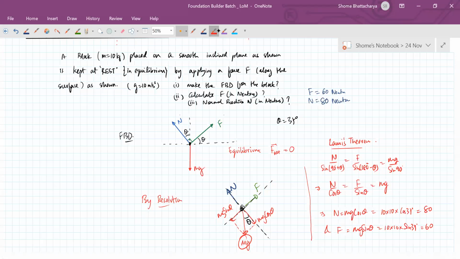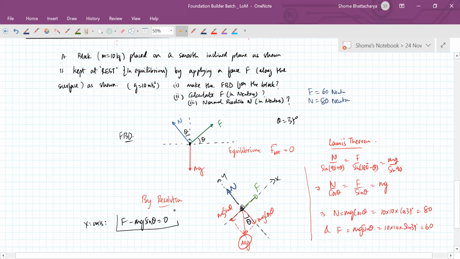So by resolution, you take this as your y-axis and this as your x-axis. So along the x-axis, F should be balanced by mg sin theta. So this is your equation 1, and that will give you this thing here.